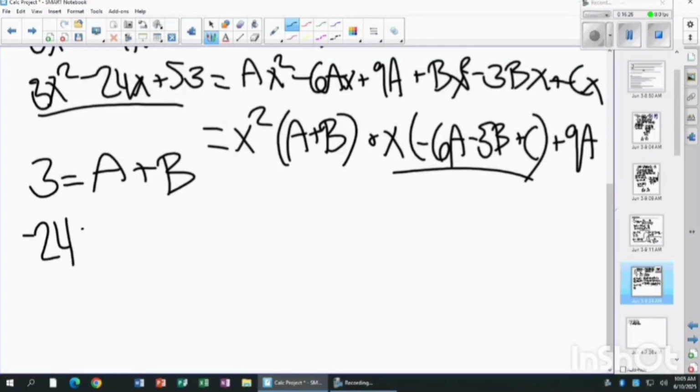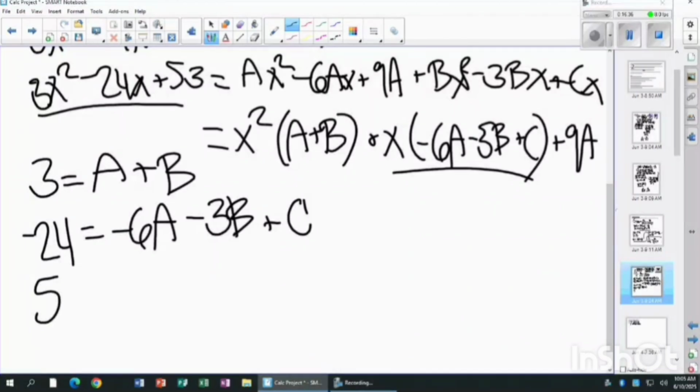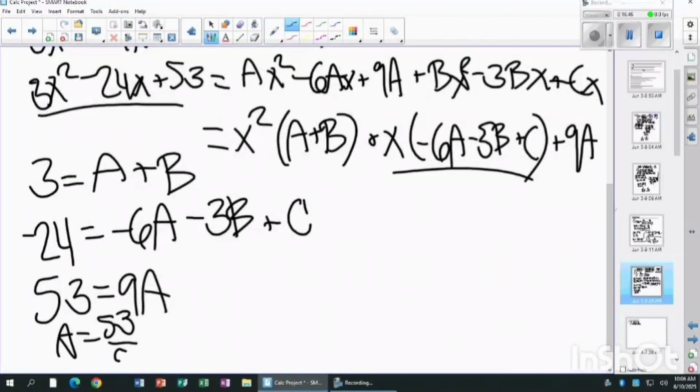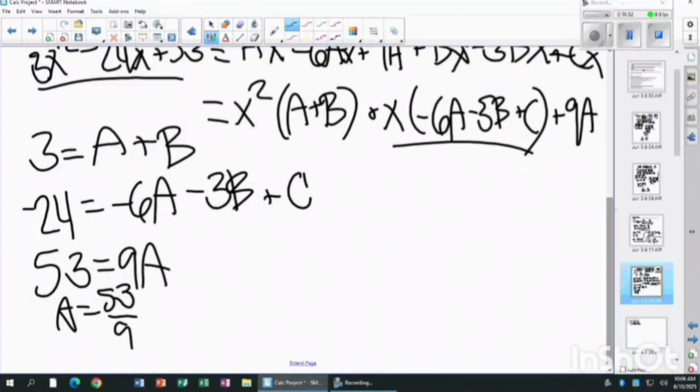Negative 24 equals negative 6a minus 3b plus c. And then 53 equals 9a. There's no other variable for it. So 53 equals 9a. So a equals 53 over 9.